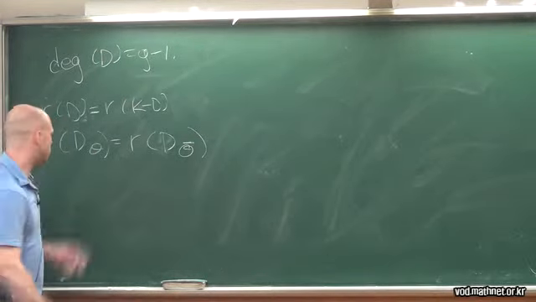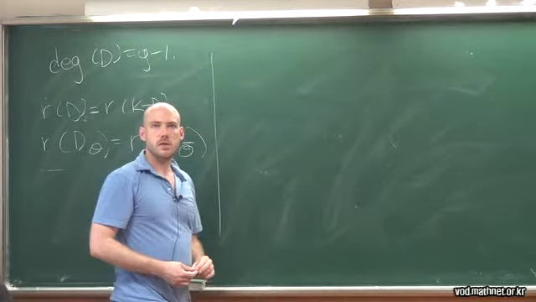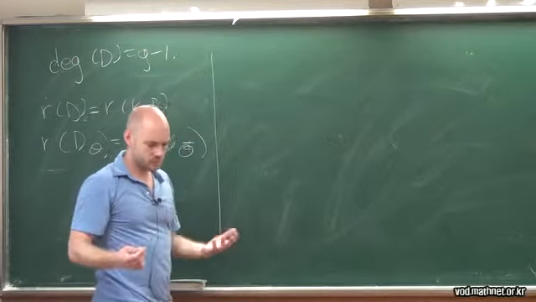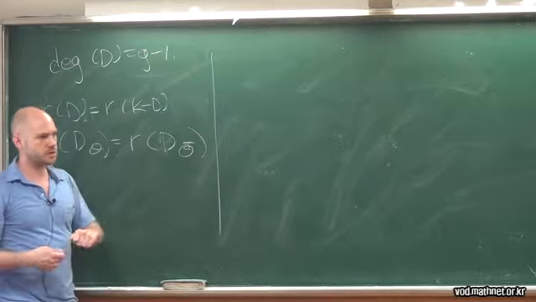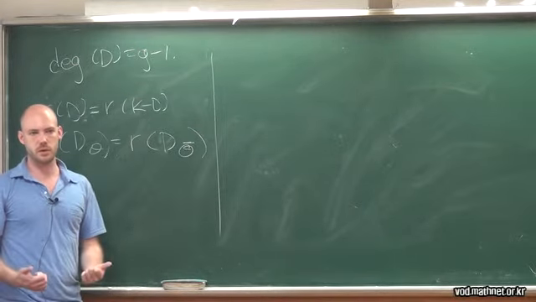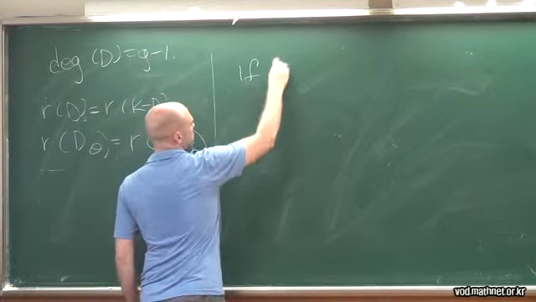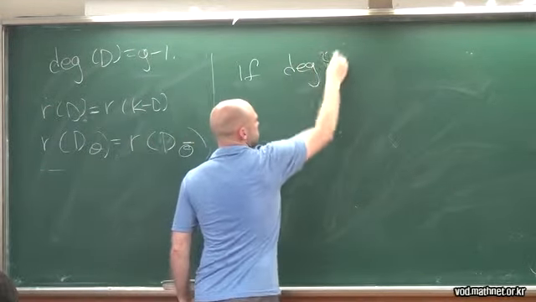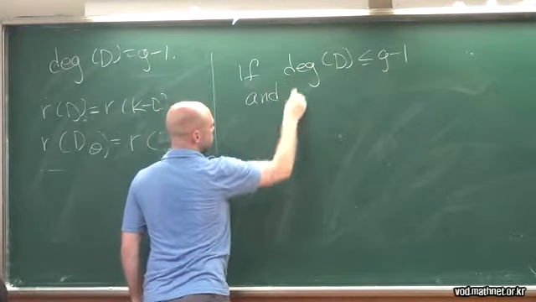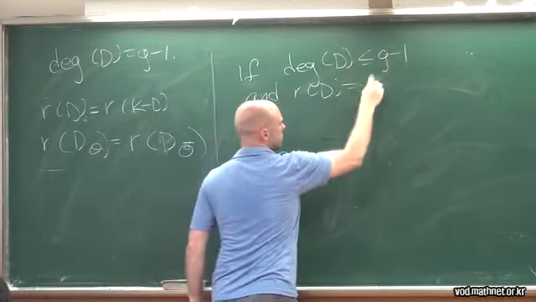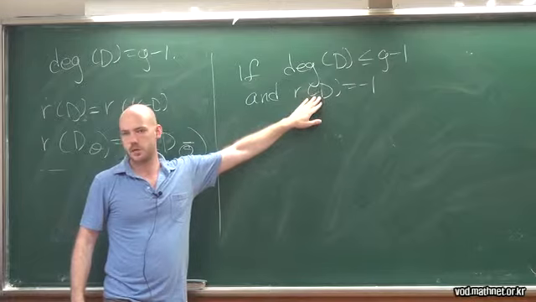So then I'll just say one other thing. Every proof that's been done so far of this Riemann-Roch for graphs has at least some formal component to it. There's always some formal component. But the most important lemma is the following: if a divisor has degree at most g minus 1, and R of d is negative 1, that just says that you have no winning strategy in this game.